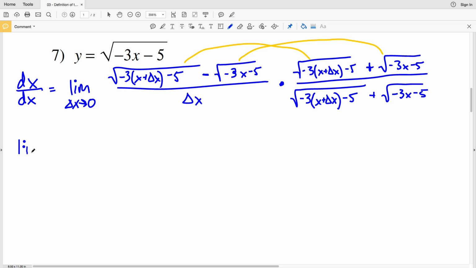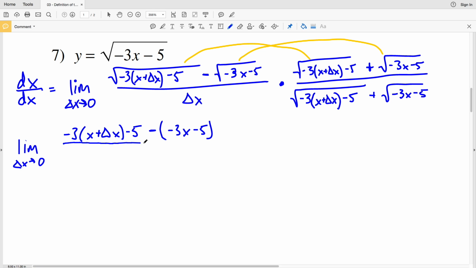So I'll have the limit as delta x approaches 0 of my first terms multiplied together will be that term squared, which will give me negative 3 times x plus delta x minus 5. And then I'll be subtracting my last two terms squared, which will be negative 3x minus 5.